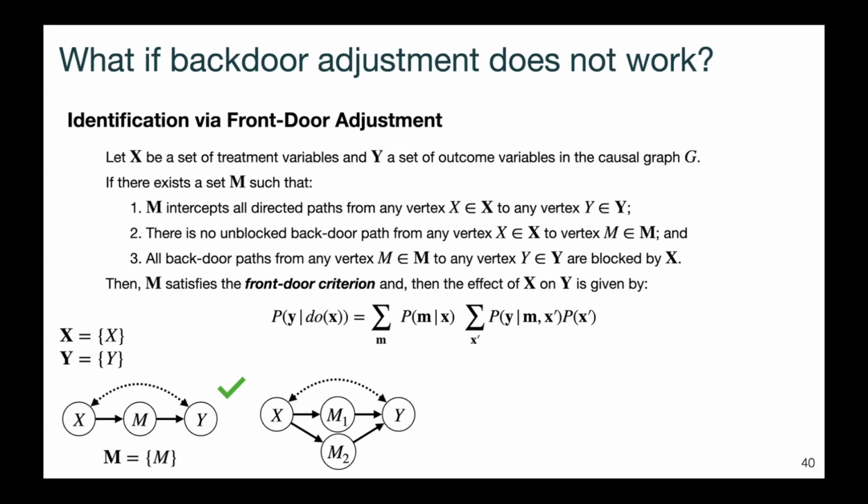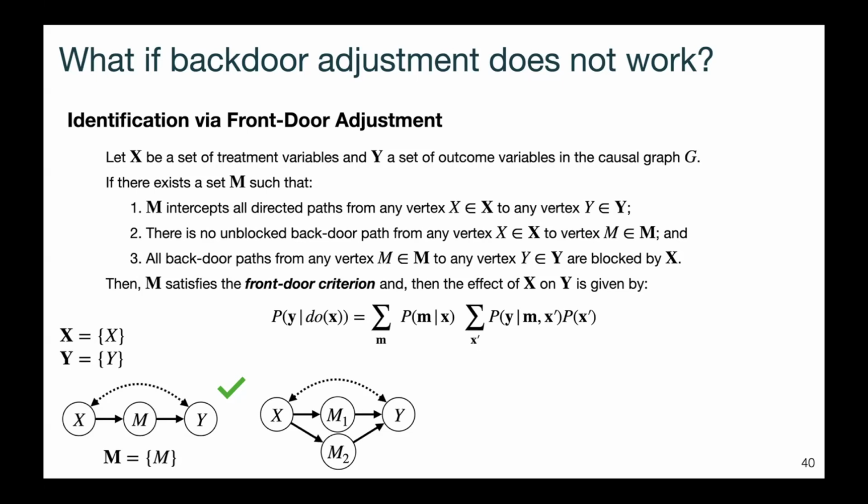So let's start with M1 and M2. Okay. So I also cannot have any unblocked backdoor path between X and M. So those are without bidirected edges. So it's fine. What about this effect of M on Y? I have two effects now, but you see that I go one by one.